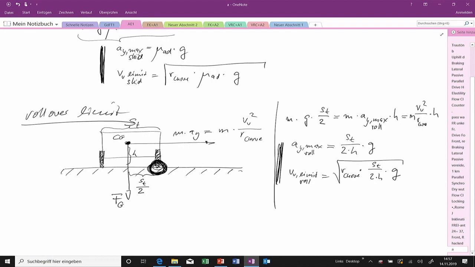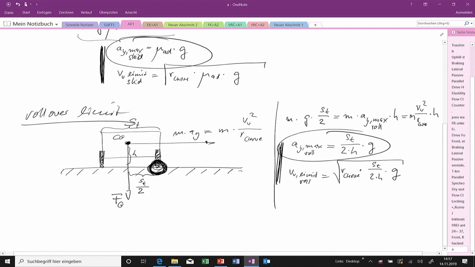So this means the car should start skidding first, which means that the maximum lateral acceleration of the vehicle for skidding should be lower than the maximum lateral acceleration for rollover.